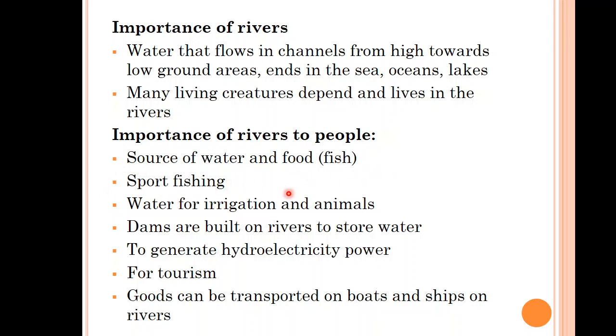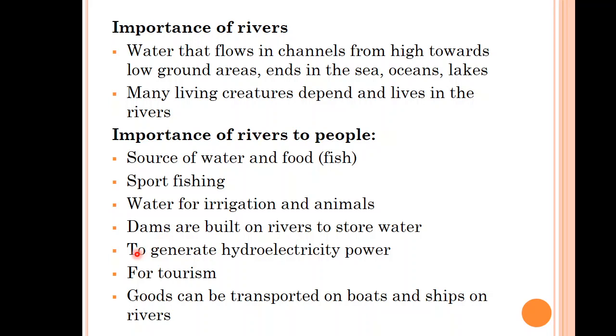Sport fishing, there are people who enjoy fishing. And then we get water for irrigation to water our crops and also to give to our animals. Many dams are also built on the rivers to store water. So when it rains or when the river is flowing, the water will flow into the dam and it can be used for future use, like the Hardap Dam and all the dams that we have.